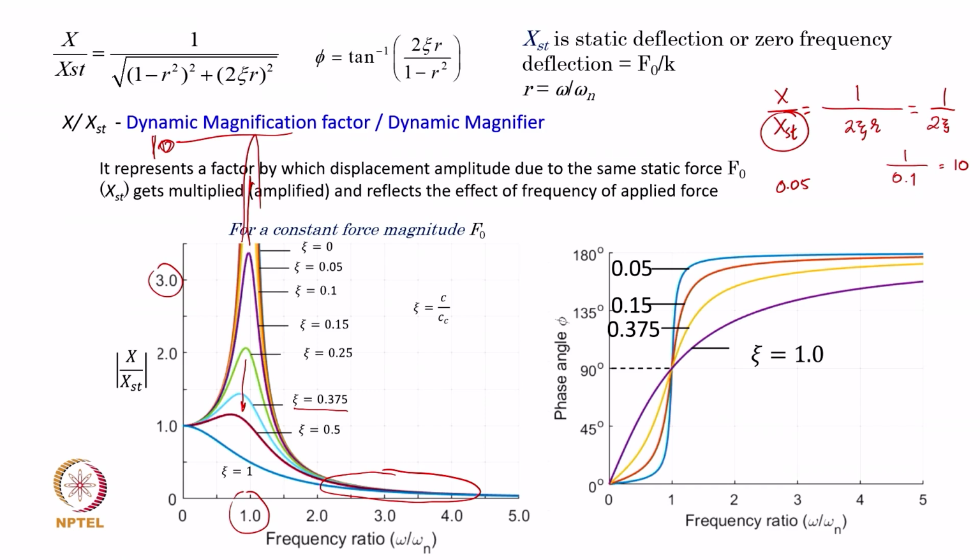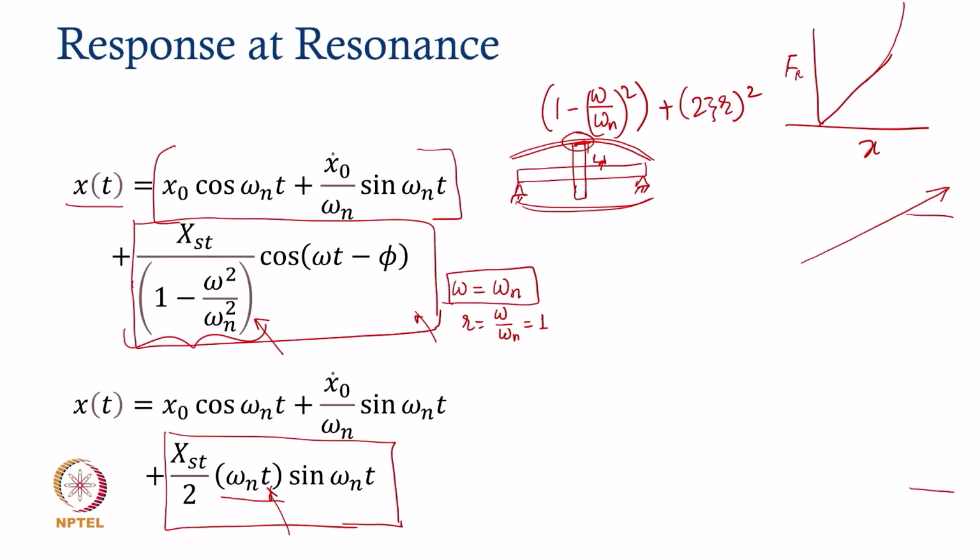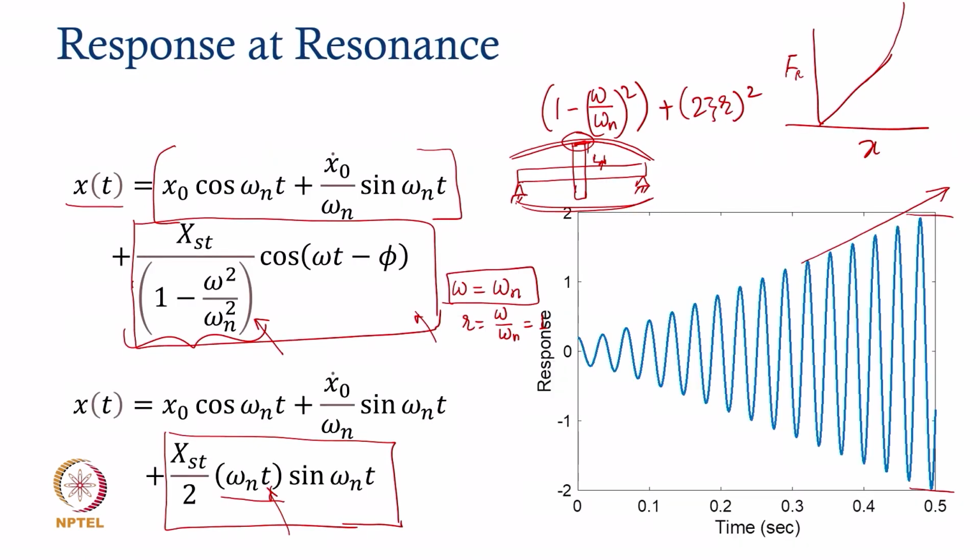It is only for theoretically zero damping that the amplitude reaches an infinite value, and that also happens over a period of time as the amplitude starts rising with time. That is how this particular figure is showing.